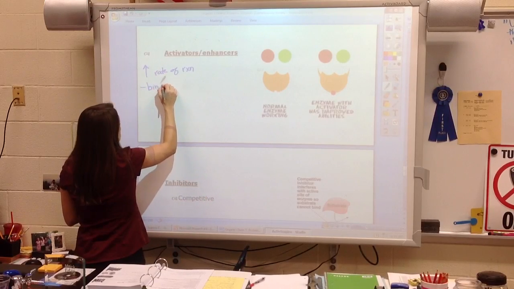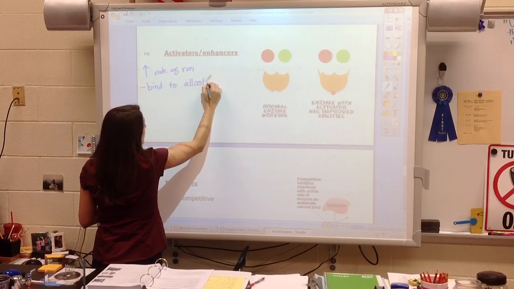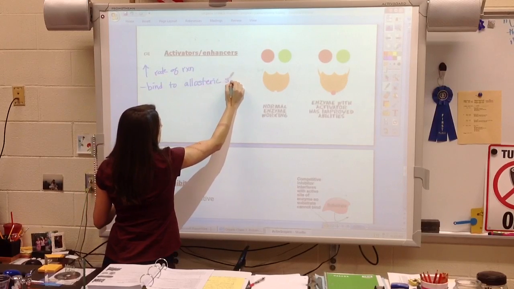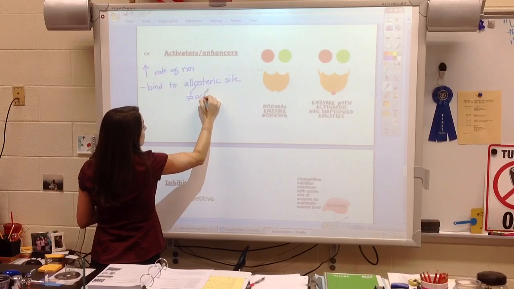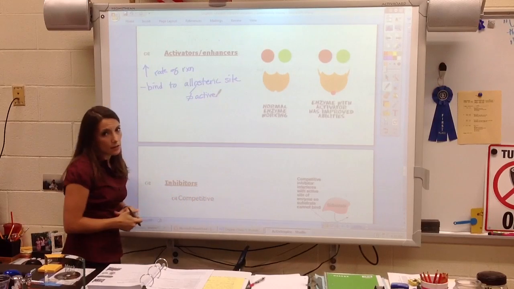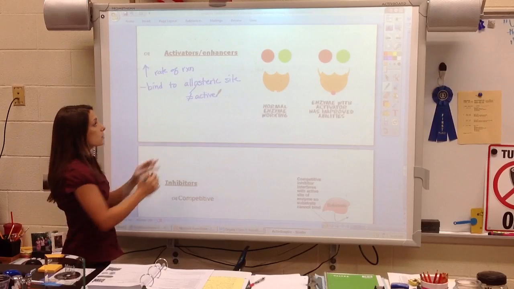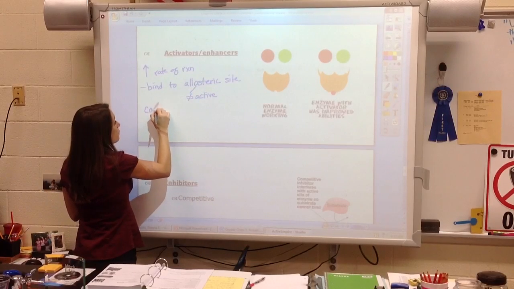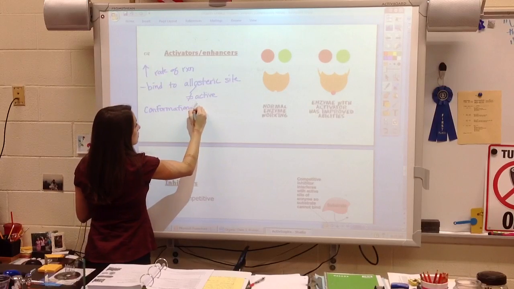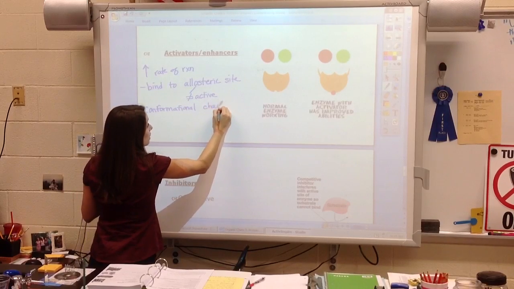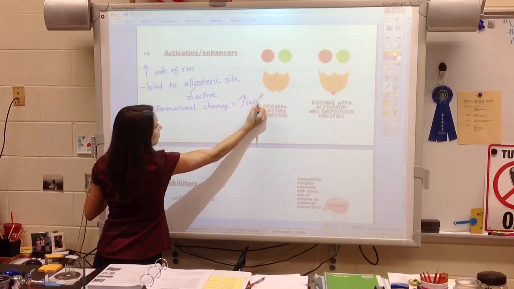So bind to what we call an allosteric site. Allosteric is not the active site, so it's another place on the enzyme. When it binds to the allosteric site, we're going to see a conformational change or shape change. And this is going to increase the rate of the reaction.